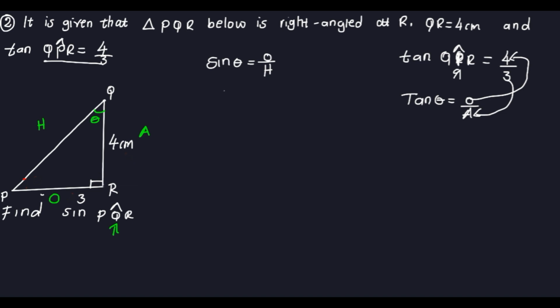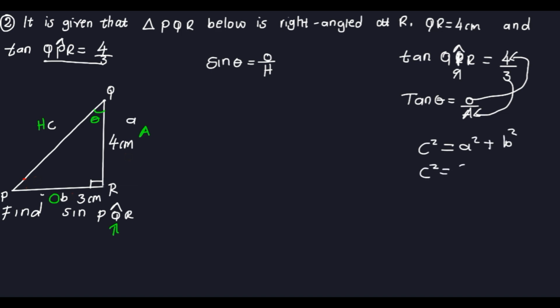So for us to find the sine, we need the hypotenuse. Now what are we going to use? Since we have the two distances, we are going to use the Pythagoras theorem. So like the formula, this is our A, B, C. So A or B can be anything, but the hypotenuse is always the longest distance. So the formula is C squared is equal to A squared plus B squared.